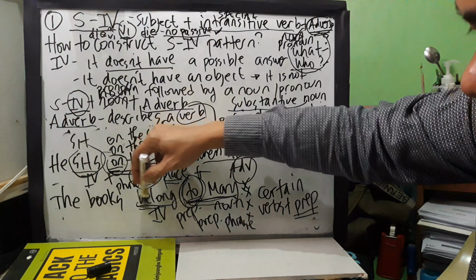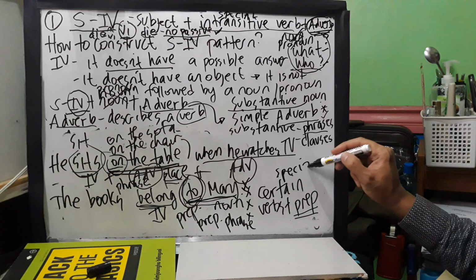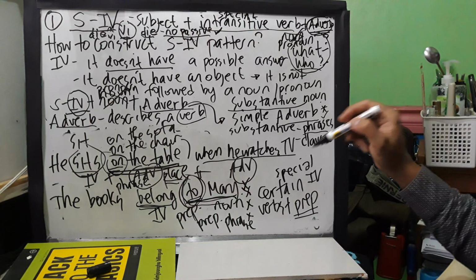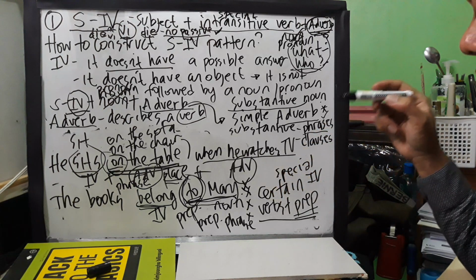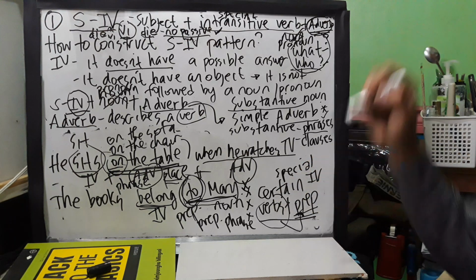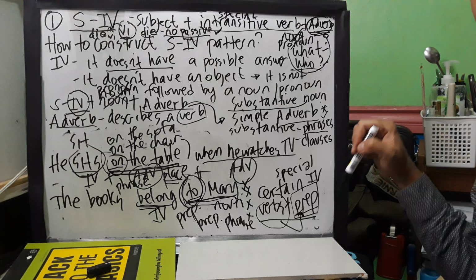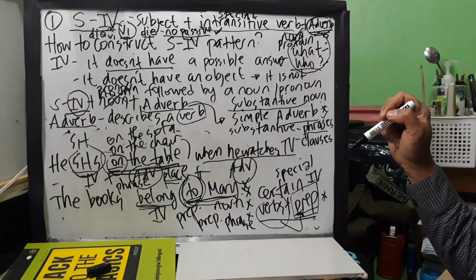Because belong is an example of a special one. It is a special intransitive verb, and there are certain verbs, as I told you earlier, that you need to memorize. That this certain verb, if we use it in a sentence, we use it with a specific partner, which is a preposition, and that is our next lecture.